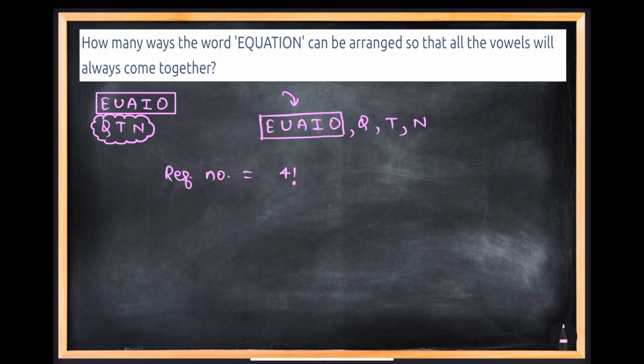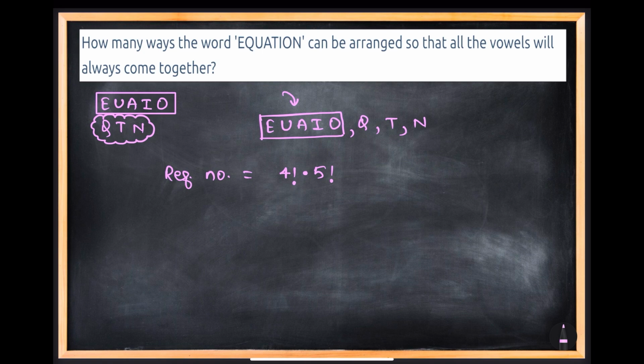So we multiply, because our task is not completed, and there exist 5 elements inside the box, so the inside will be permuted in 5 factorial ways.